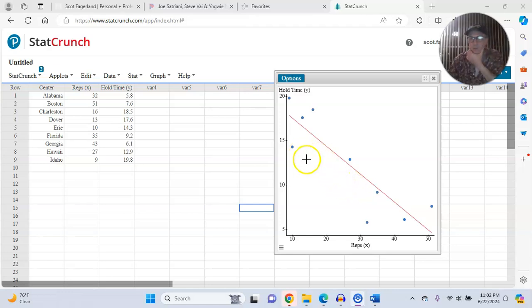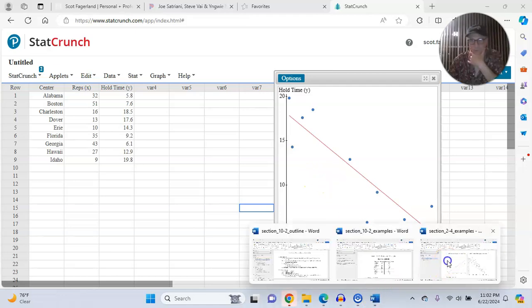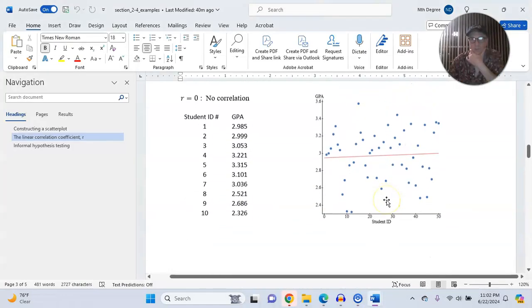I also want to make one other caveat, that we only use this line if there does appear to be a correlation between x and y. So if you recall, there are some situations where x and y give you a scatter plot that looks like just a cloud. And in the extreme, the line of best fit here would be totally horizontal. If there's absolutely no correlation, then the line of best fit just becomes totally horizontal.